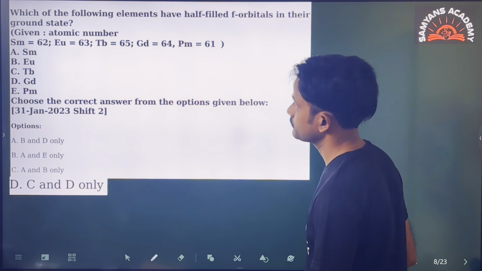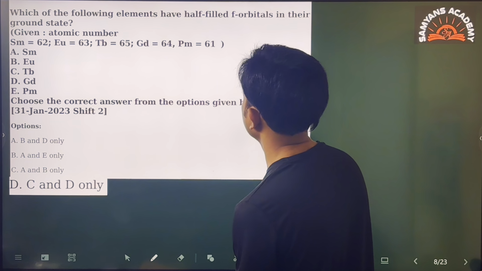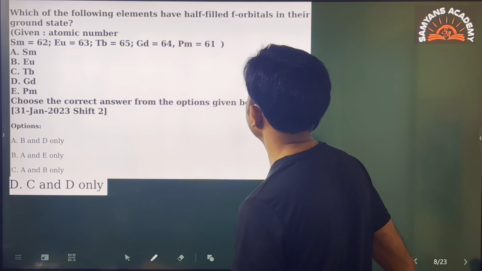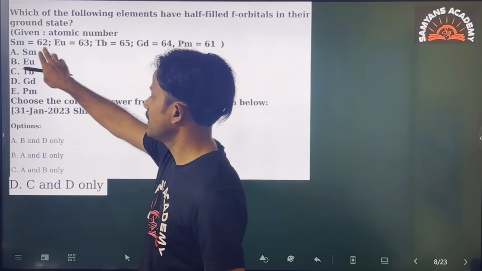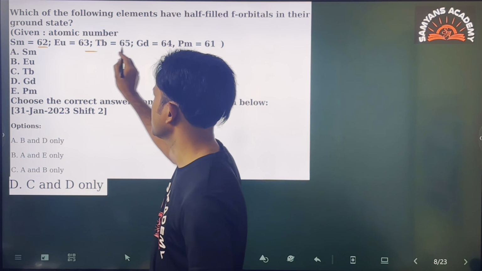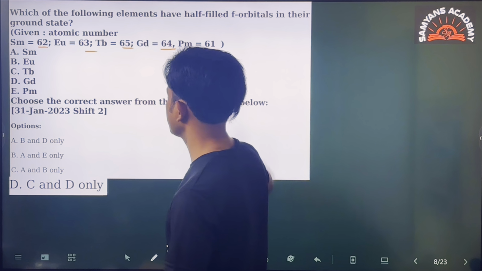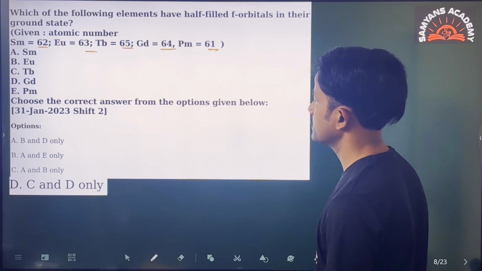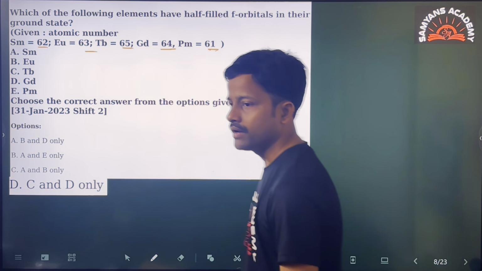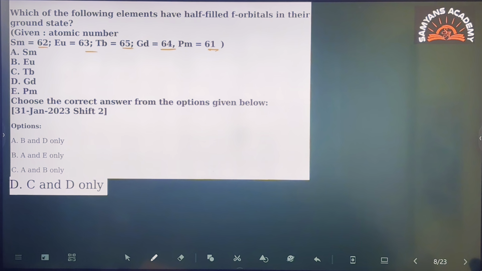So next question. Which of the following elements have half-filled f orbital in the ground state? They have given the atomic numbers also: 62, 63, 65, 64, 61. We have to choose the correct answer from the options given below. Which one is the correct answer?